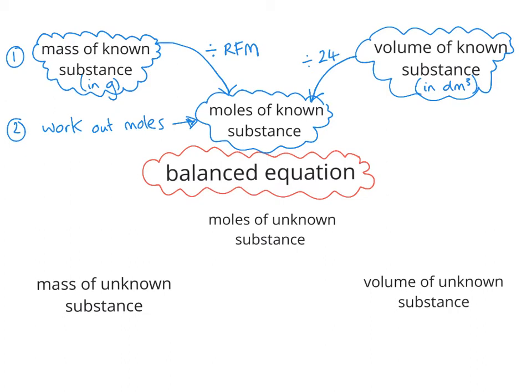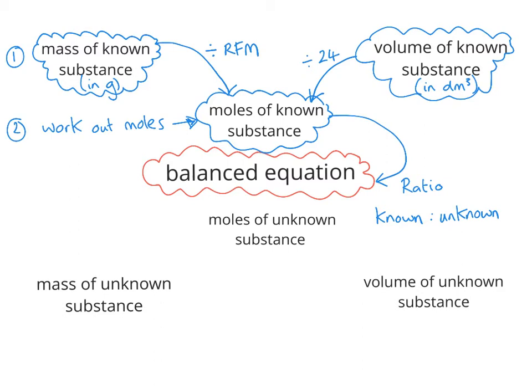So I now know the moles of whatever it is I've been told about, and the question is now asking me about the moles of something else, so I'm going to use the balanced equation to work out the moles of the other substance. This is the bit that people often skip or forget. So you need to look at the ratio between the known and the unknown substance. Unknown can be thought of as like the output. It's the thing that you're going to have to get the answer about.